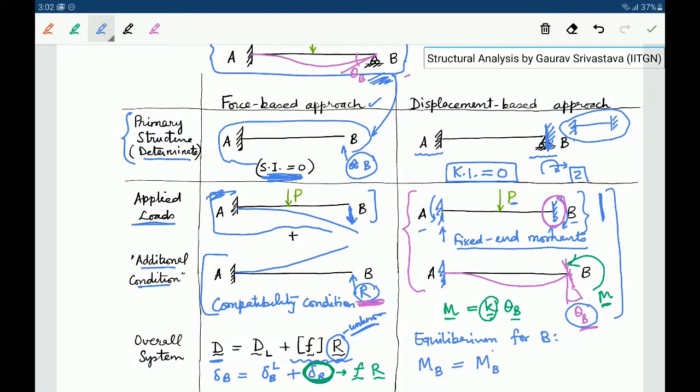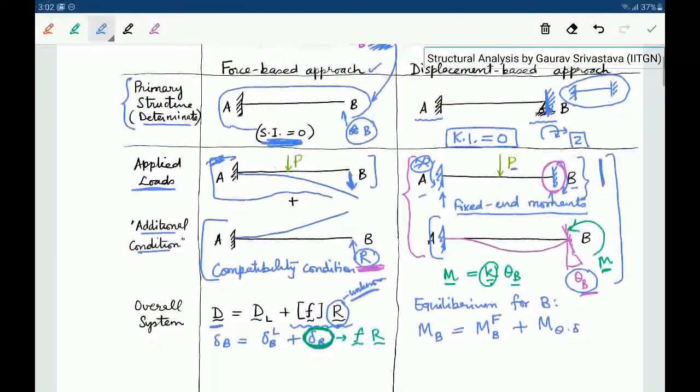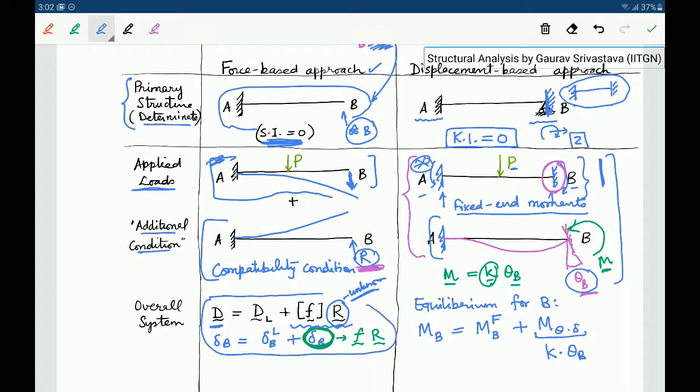One is the moment at B due to the fixed end forces, which comes from the first figure, plus there will be the moment due to the applied theta or delta, which comes from the second figure, and this one we are writing as K times theta B. So just like there was a compatibility equation for the overall system in force-based methods, there is an equilibrium equation which gives an additional condition for the displacement-based method.